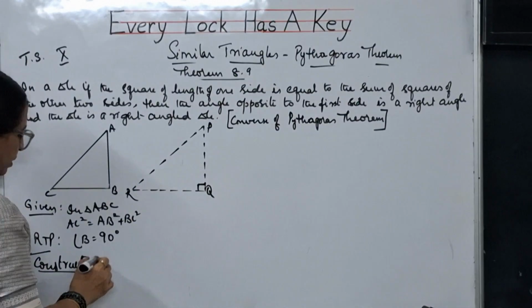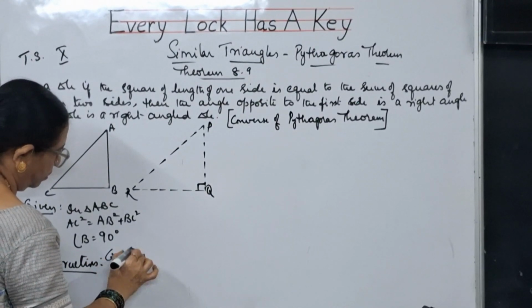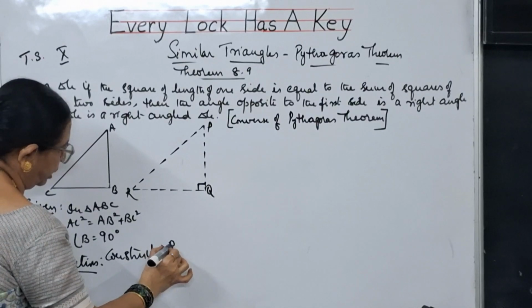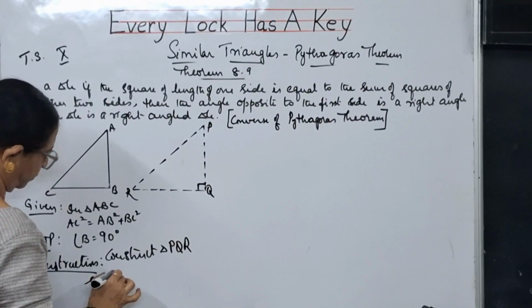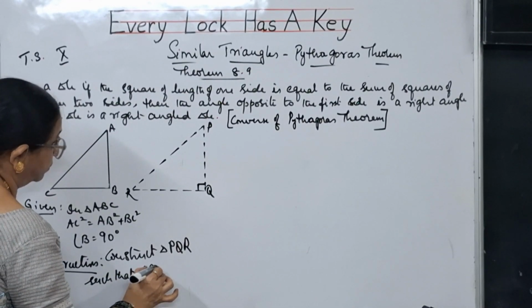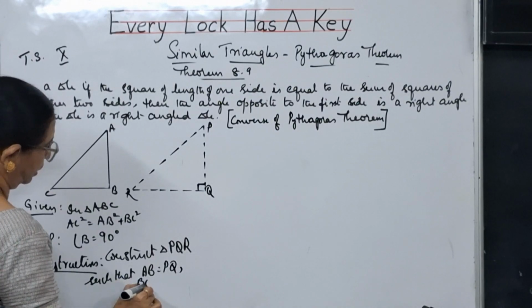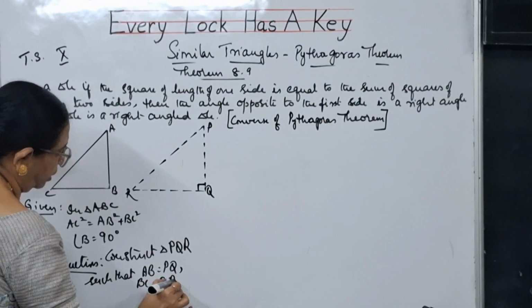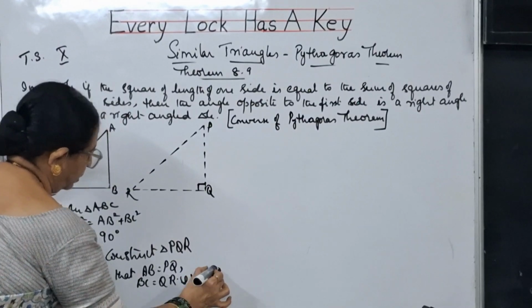So what is the construction? Construct triangle PQR such that AB is equal to PQ, BC is equal to QR, and angle Q is equal to 90 degrees.